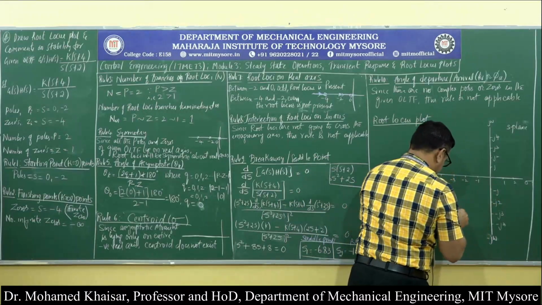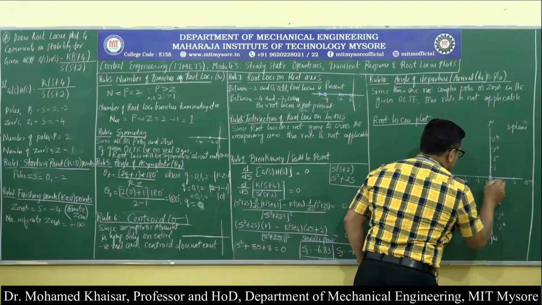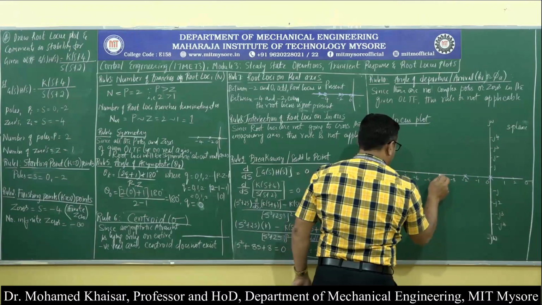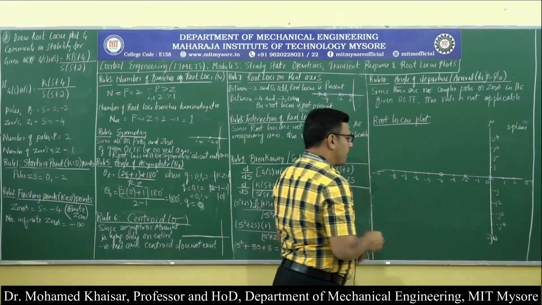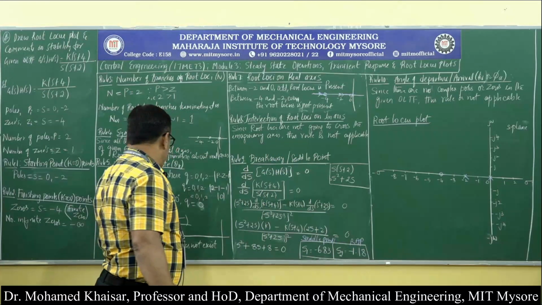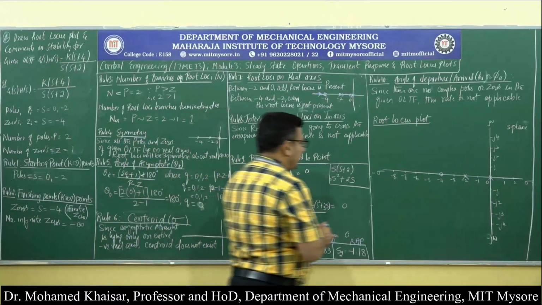At 0, there is a pole. At minus 2, there is a pole. At minus 4, there is a 0. Then, the centroid does not exist. The asymptotic straight line will lie along the 180 degree line.